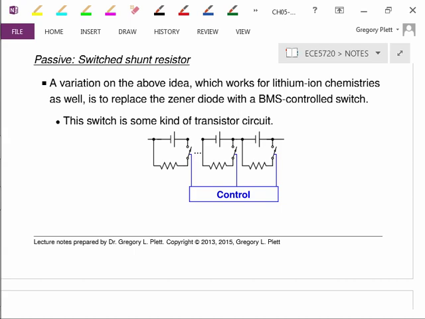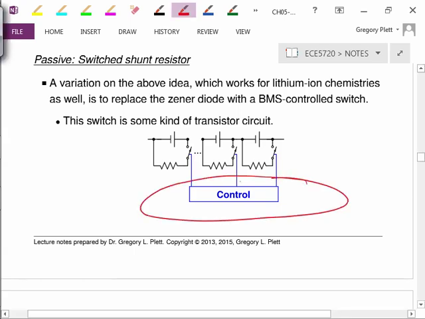This method is not as wasteful as the previous two because it balances only when needed. It replaces the Zener diode with some kind of a switch, which we think of as a transistor circuit. And we have a control here, which is some kind of intelligence that's turning the switches on or off. And when the switches are off, I have just a bunch of battery cells connected in series.